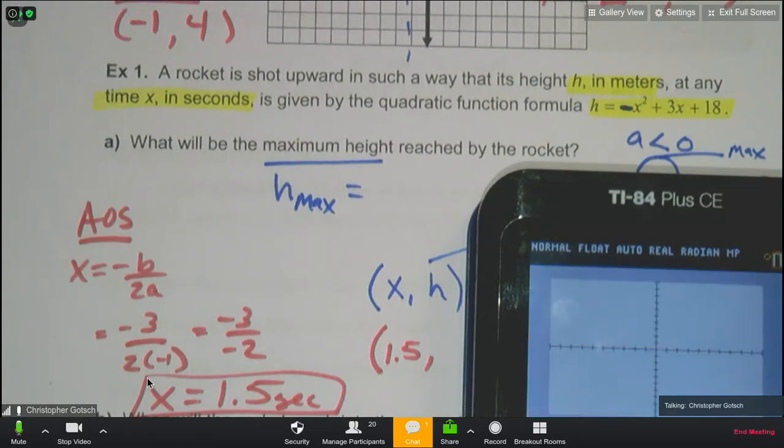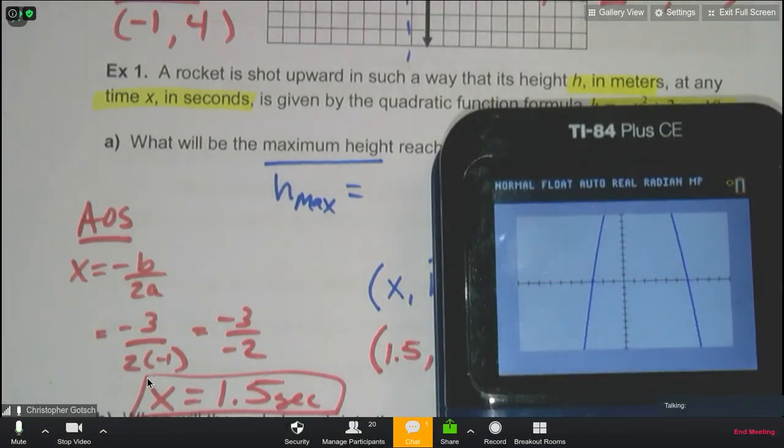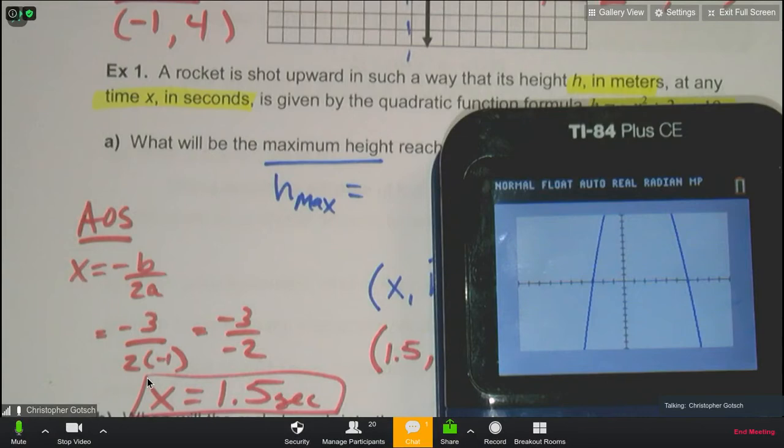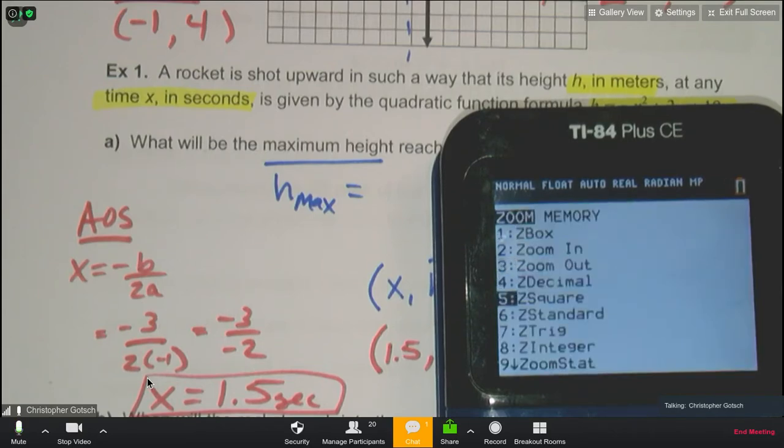Either way, I graph this thing, and I still don't see the top of the mountain here. Again, I'm in zoom 6. Is this the graph you guys are getting? The problem is that this y max is not big enough, so I could do one of two things. I can go to my window and start messing around with my maximum value for y, or I always like zoom 0.